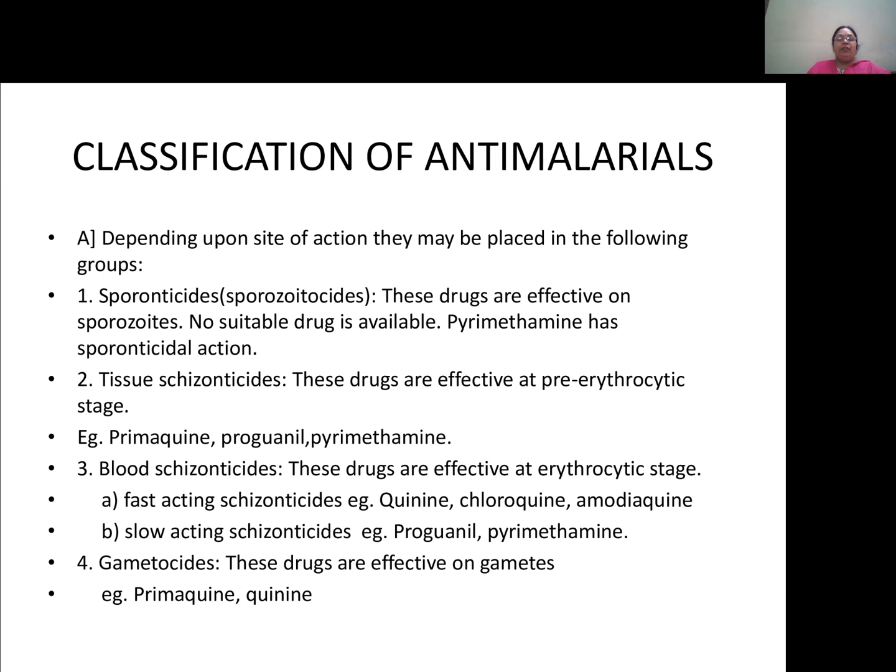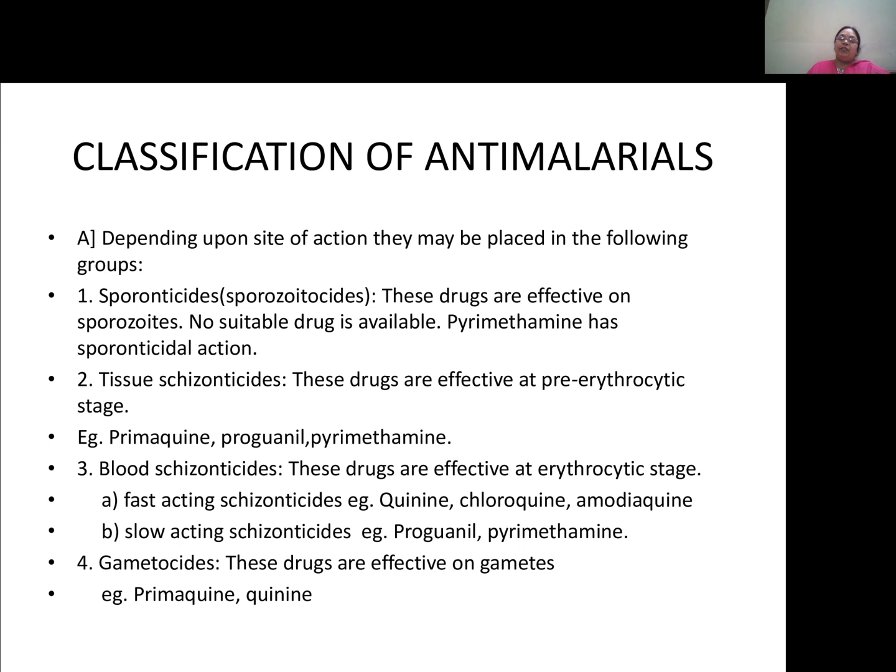Then you have the blood schizonticides. These drugs are effective at the erythrocytic stage. They are further classified as fast-acting schizonticides, examples are quinine, chloroquine, amodiaquine, and slow-acting schizonticides, proguanil and pyrimethamine are the examples.